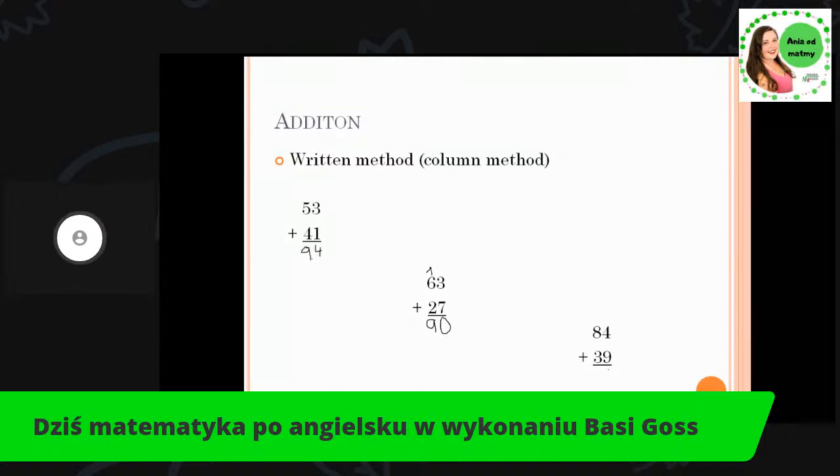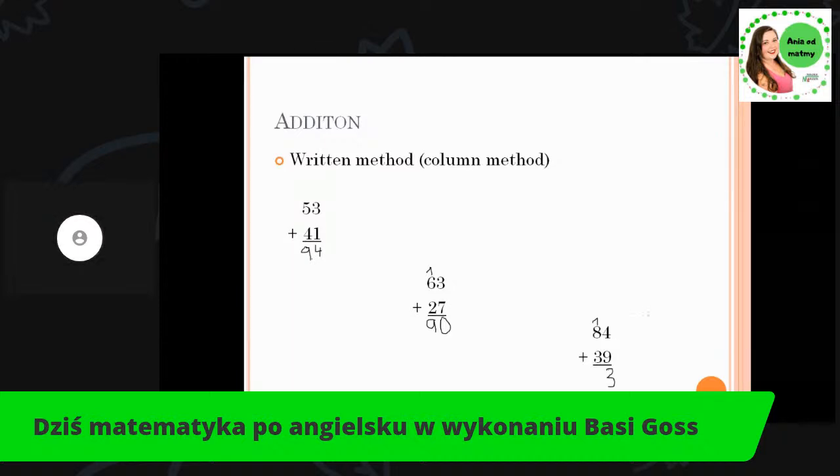Four and 9 is 13. So we carry on 1 to the next column, and we write 3 in the unit column. 1 plus 8 is 9. Okay, waiting for your answers.